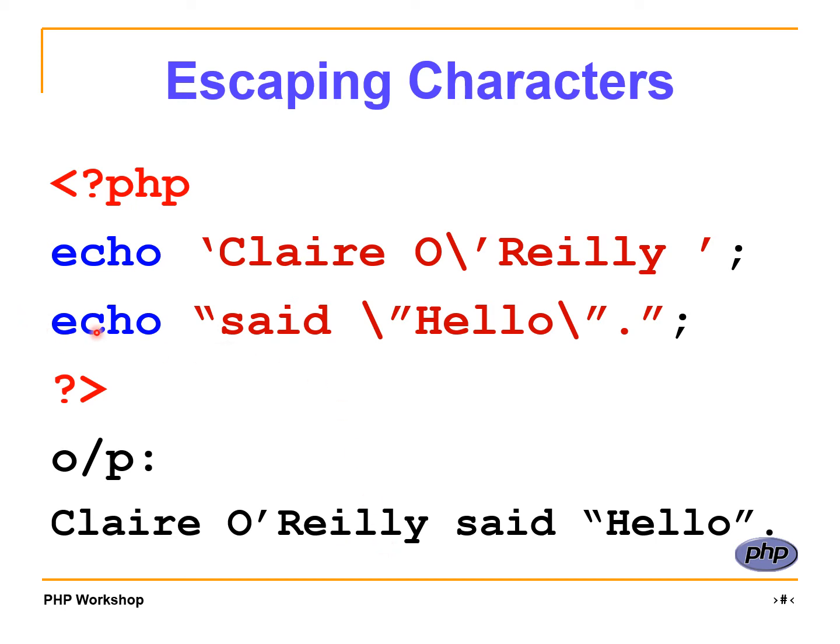Then after that echo said, \double quotes hello \double quotes. So the output is like this, said "hello". The output should be on the same line because we are not using any of the \n characters or next line characters in these two statements, so the first line appears first, and after that there will be no break. As a continuation of the first line, the second echo expression will be printed.